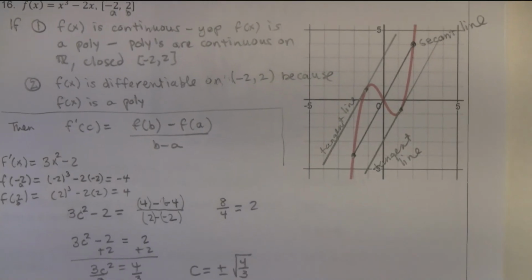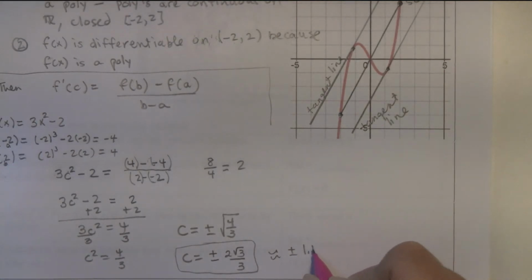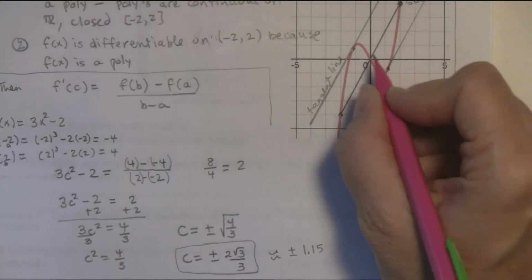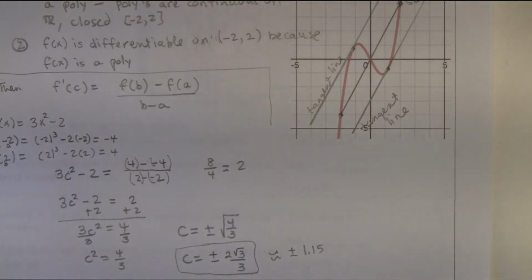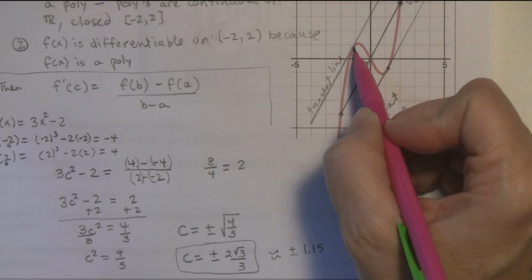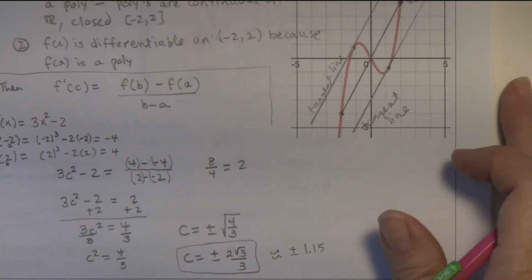And notice that this was approximately equal to ±1.15. And so I just went a wee bit further than one, there. I tried to be really close. See how close I am right here? Really close. Okay, so we did a lovely job on that.